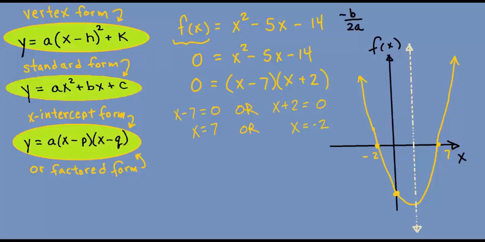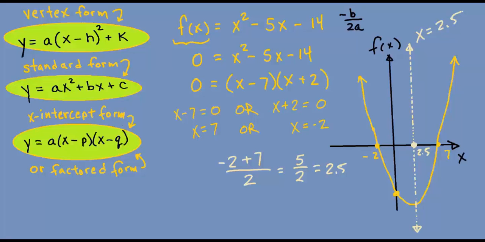There's the axis of symmetry. And, well, what number is halfway between negative 2 and 7? One way to do that is just say what's the average of negative 2 and 7. So all we'd have to do is add them up and divide by 2. So the axis of symmetry goes through 2.5, so it's x equals 2.5.